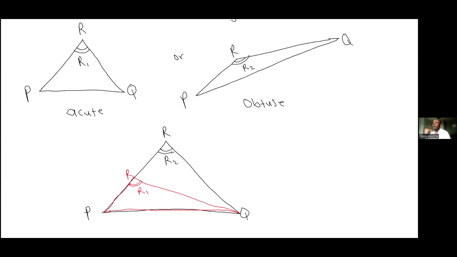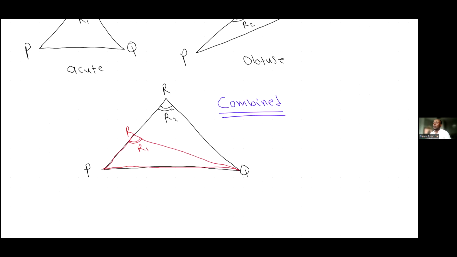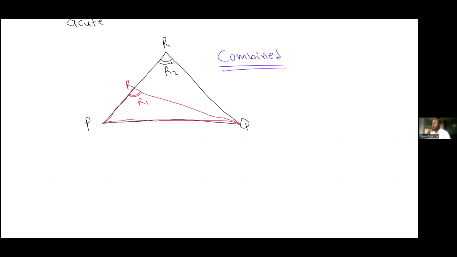So this is combined, all right? I'm drawing both the acute and the obtuse combined in one shape. So that means the two possible triangles you can have are PQR1 or PQR2. Are you seeing it? So you can put this as R2 and you can put this as R1.